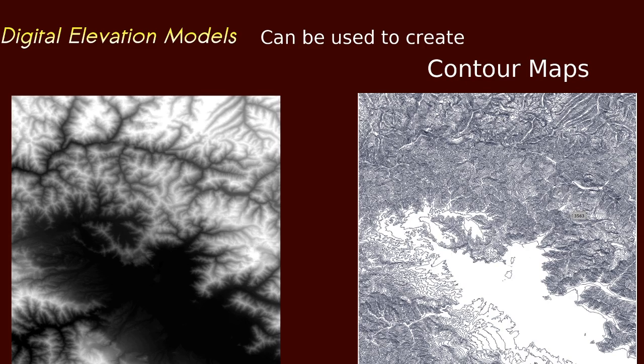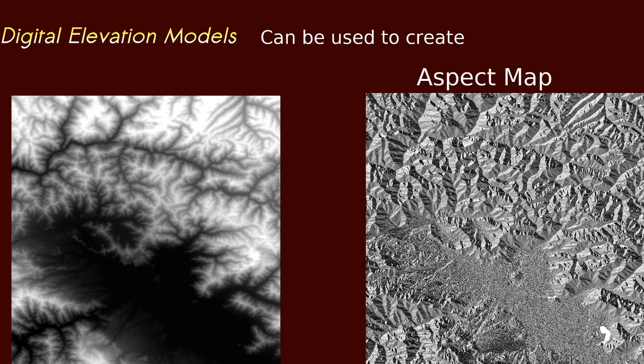And the next product will be the aspect map. The aspect is the orientation of the slope, measured clockwise in degrees from 0 to 360. 0 is north facing, 90 is east facing, 180 is south facing, and 270 is west facing.